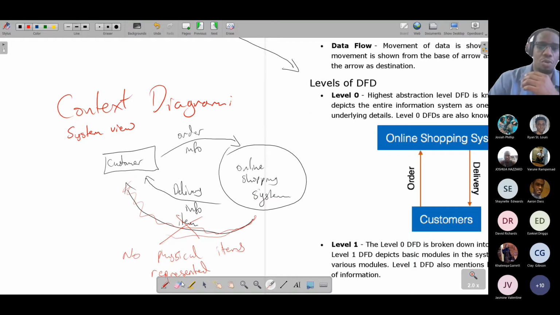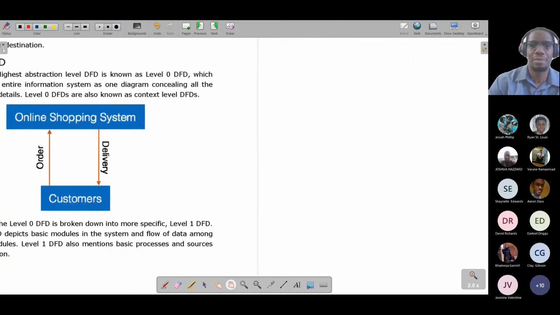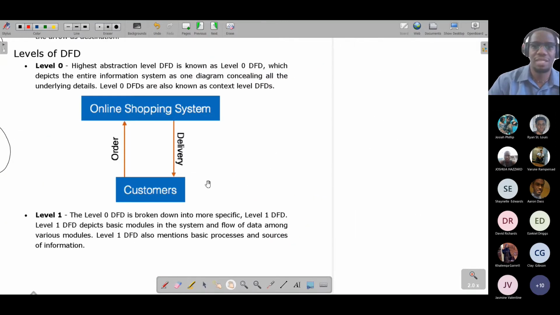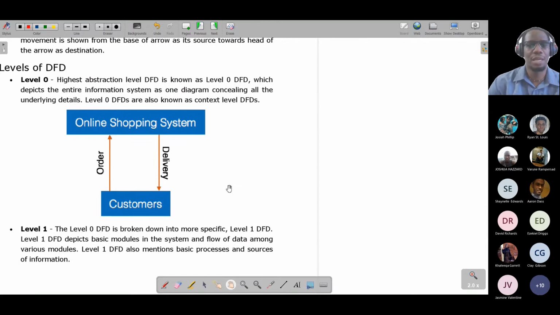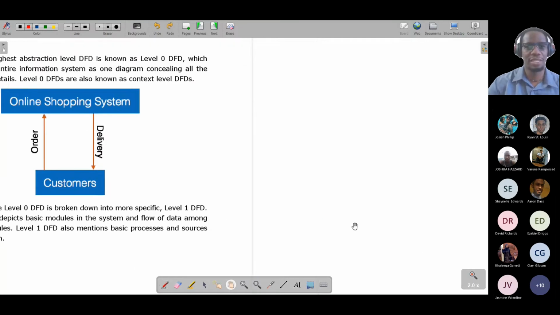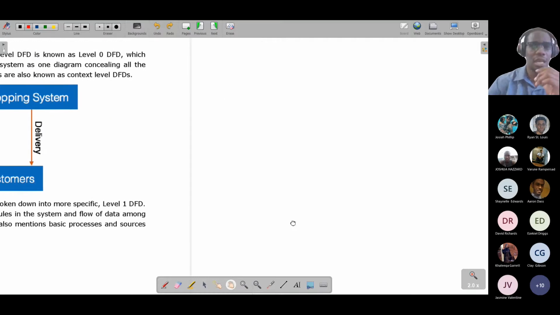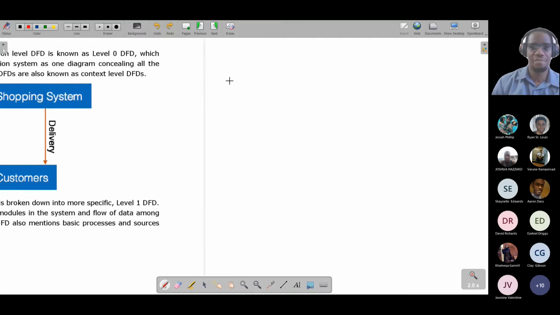We could then go on to the next level, which is the first level diagram, right? To break up or show what exactly goes on inside of this online shopping system. And this is where now we're going to break up everything and see what the system is really like. Okay? So, oops, sorry. We have our online shopping system, we have our customers, and we're going to take it from there.